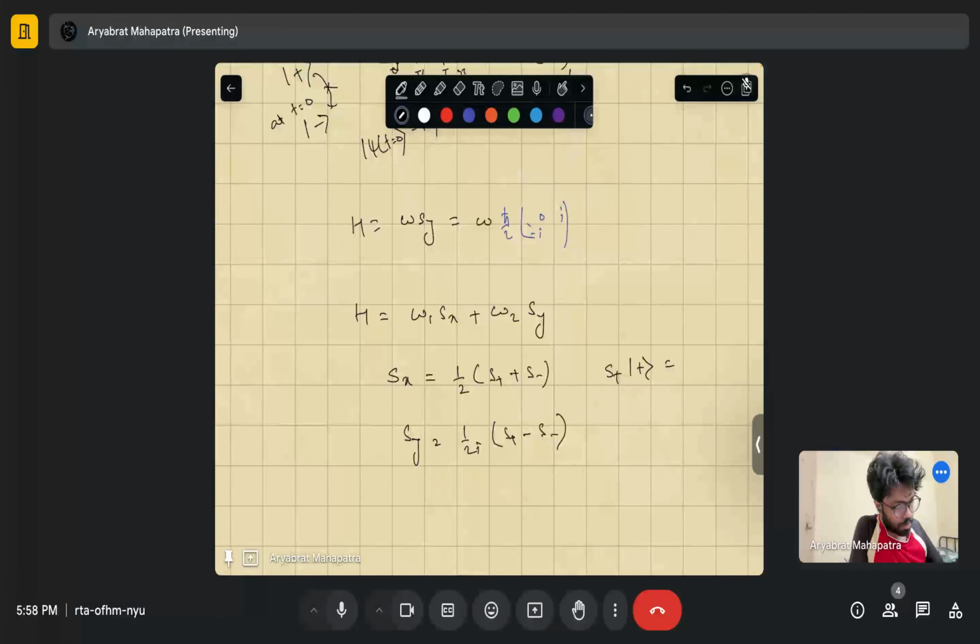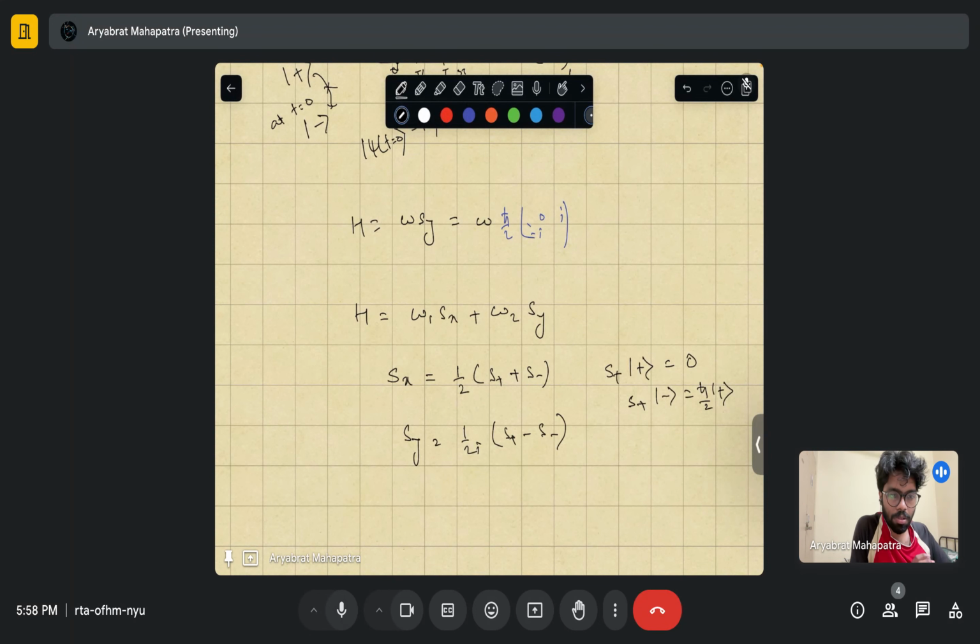It will be zero when you operate on one, and give h bar by 2 times the other. So you know the action of S plus and S minus.